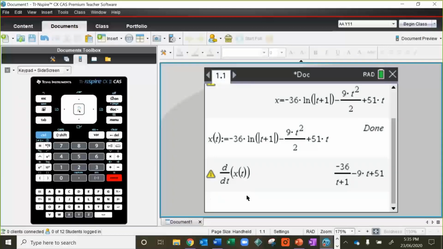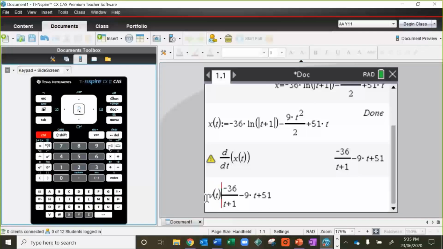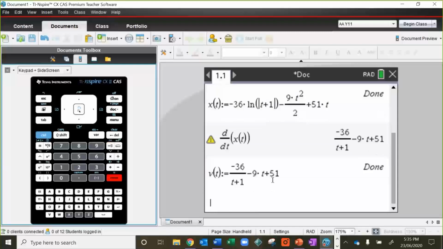So if you think what's happening with the projectile, when is the maximum height? The maximum height occurs when the velocity is equal to 0. This is our velocity, so we can do a similar trick and say v in t is given by this equation. So now we wish to solve when velocity is equal to 0.